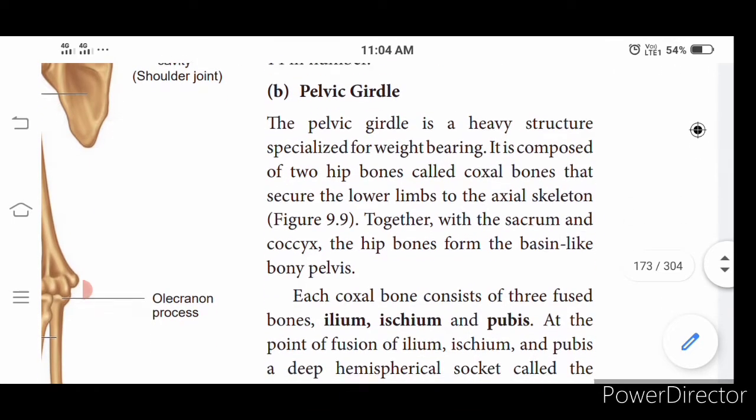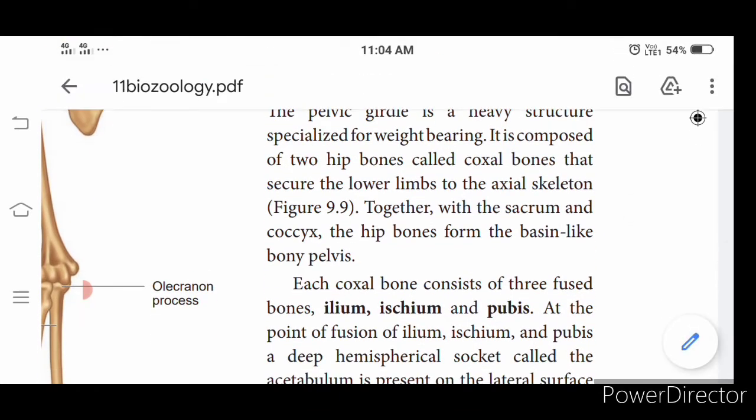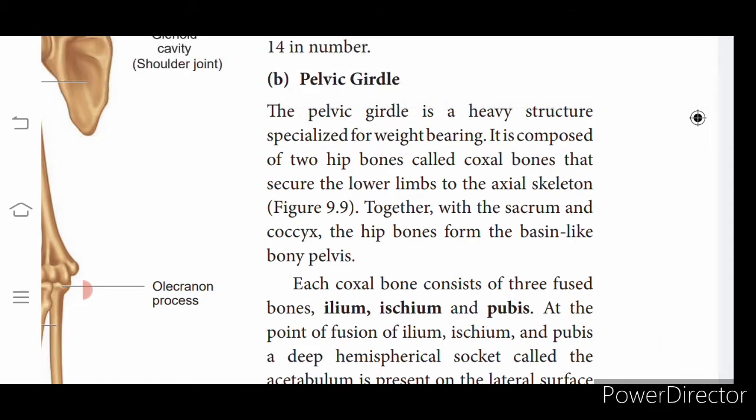Just as we have seen the upper limb, we will see the lower limb or the legs. The pelvic girdle is a heavy structure compared to the pectoral girdle. It is composed of two hip bones, called the coxal bones, that secure the lower limb to the axial skeleton.